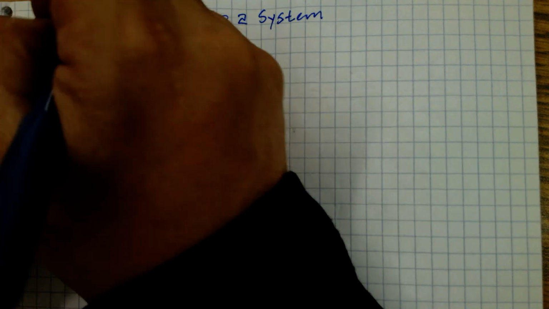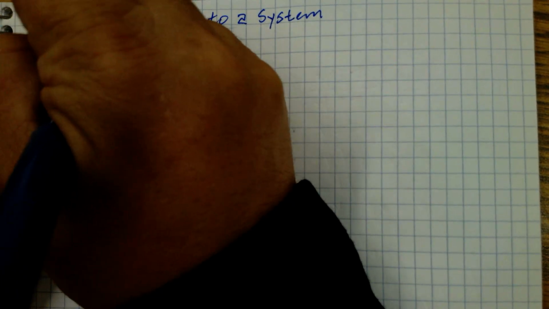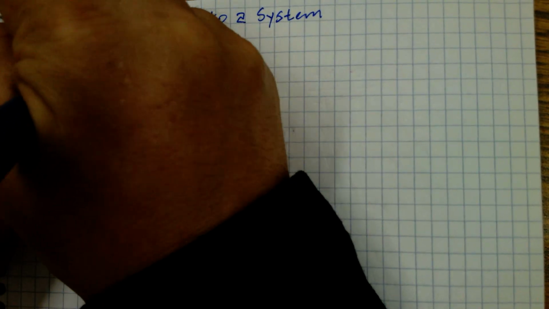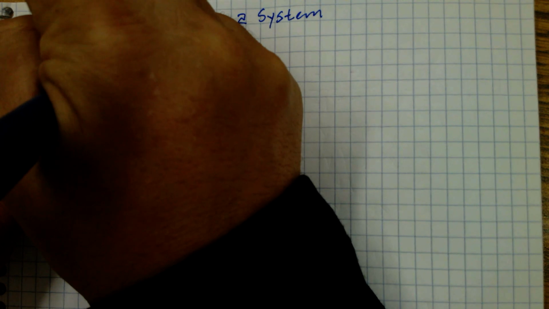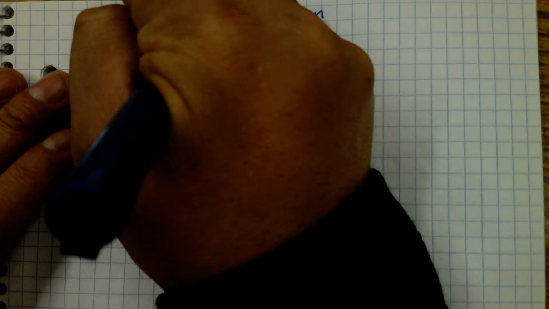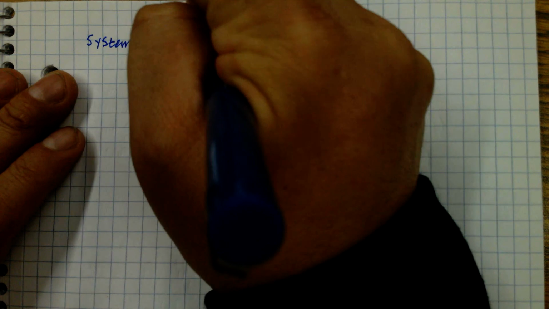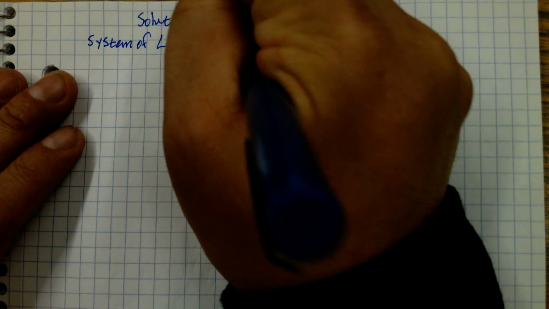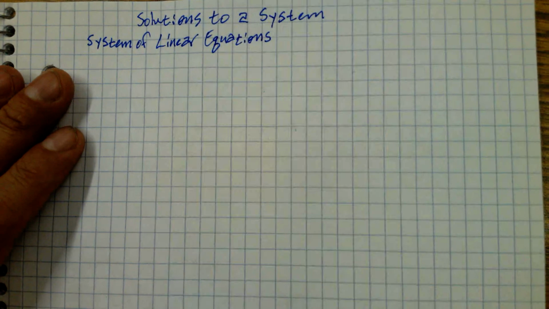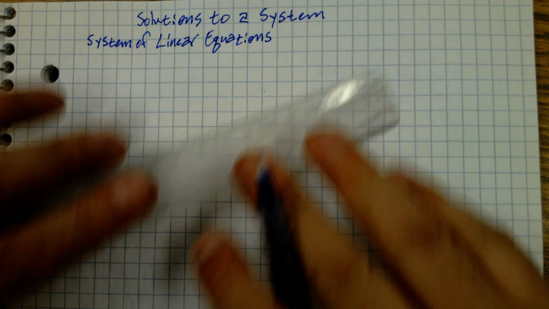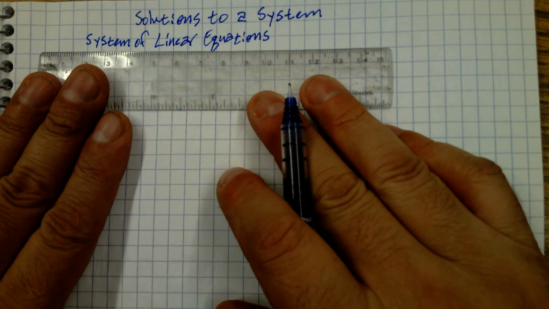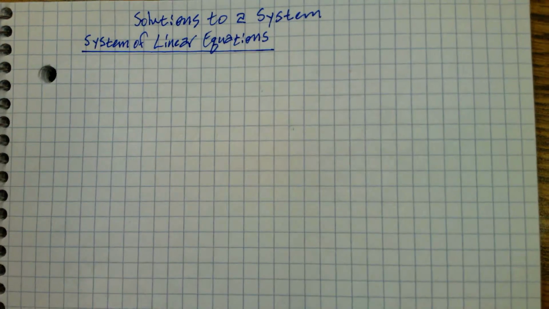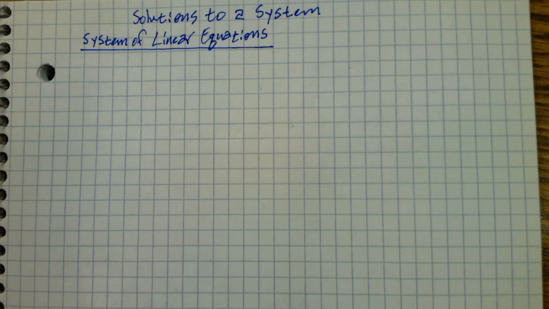Okay, so the first thing we want to learn about is what is a system of linear equations? System of linear equations. Okay, so underneath this, I'm going to write down the definition, and it's pretty straightforward.